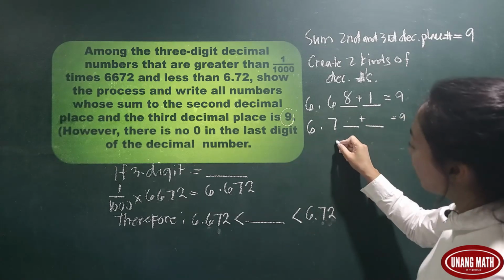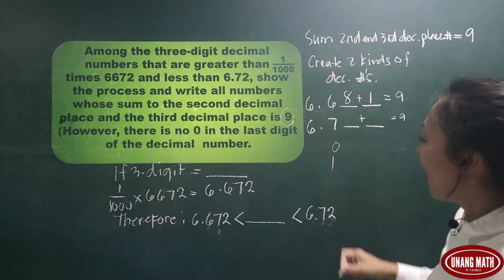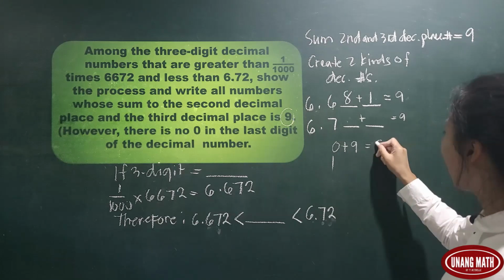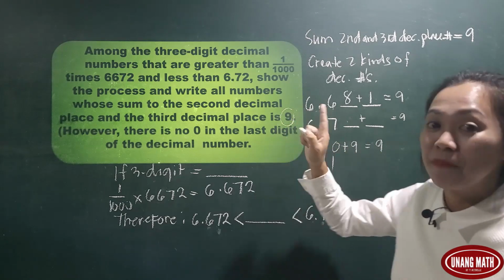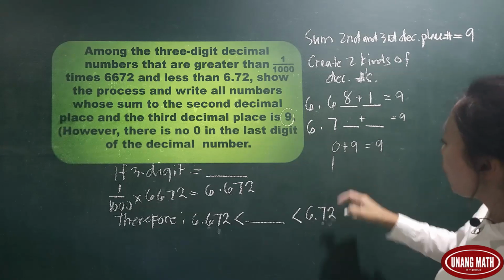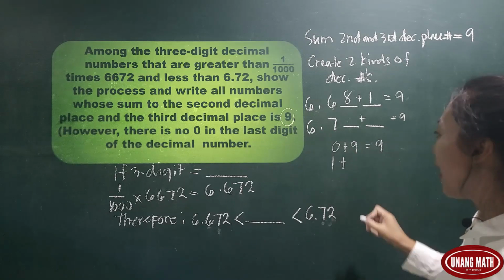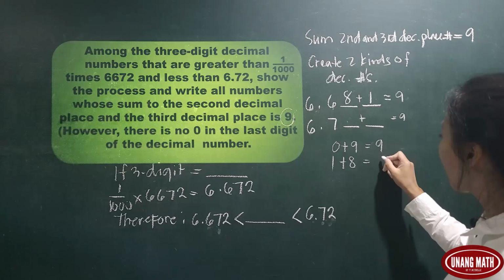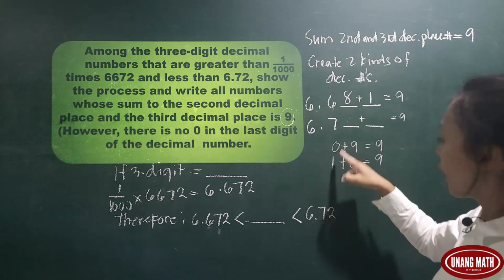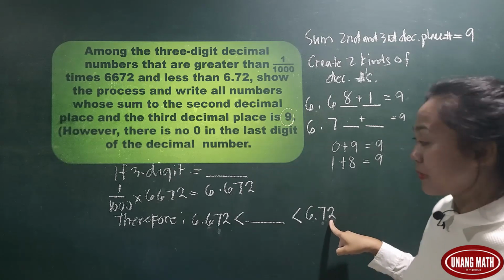So, we have 0 and 1. Okay, 0 plus 9, the answer is 9 kasi dapat 9 ang sum ng second at ang third na digit. Okay, how about 1? 1 plus 8, the answer is 9. Okay, no more kasi dapat na mas mababa sa 2.